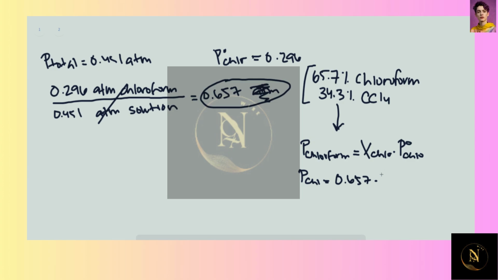And we know that at this temperature, 316 Kelvin, the vapor pressure of pure chloroform is 0.526 atmospheres. So for the second solution, this condensed solution, the pressure of chloroform is 0.346 atmospheres.